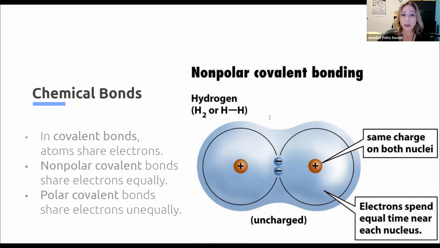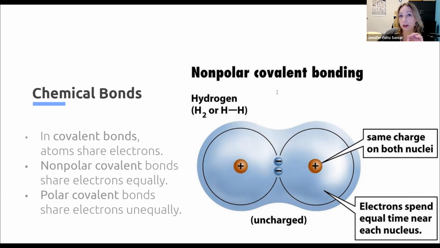So if you look here, what you're looking at is H2 or hydrogen. We can have a hydrogen atom, but hydrogen, the gas that occurs in the atmosphere, is H2. So they are sharing their electrons.